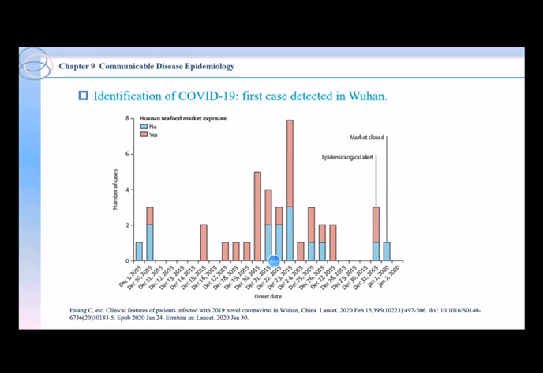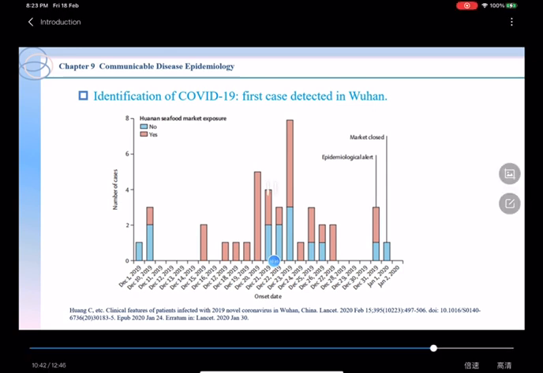There was a theory that the Wuhan Huanan seafood market was the epicenter of the COVID-19 outbreak. In this study, the blue column means the cases were not connected with Huanan seafood market exposure, and the red one means the cases were somehow linked to Huanan seafood market exposure.